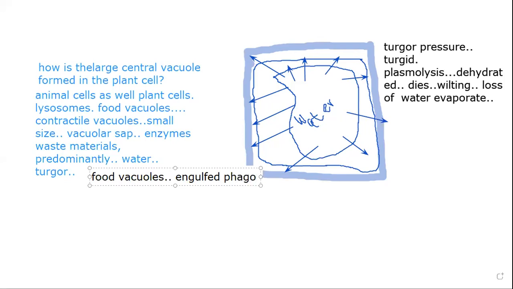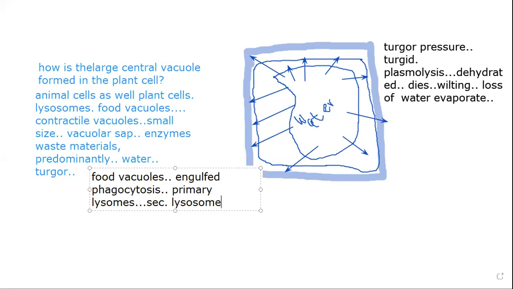Phago का मतलब eating, cytosis. Engulfed food materials then unite with the primary lysosomes, and after they unite, they become the secondary lysosomes. And now it will be called the food vacuole.